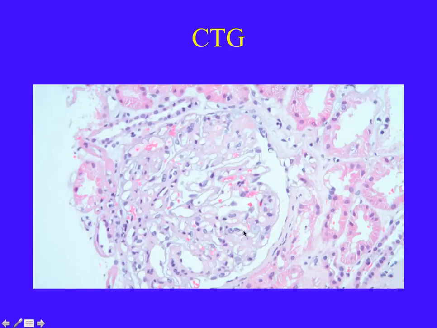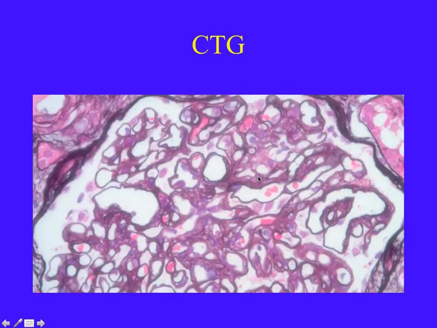This is how a glomerulus displaying CTG looks like on the traditional hematoxylin stain. You can see the expanded areas in the mesangium, but you can also notice that the capillary walls are markedly thickened.